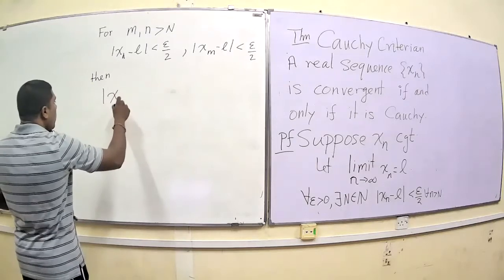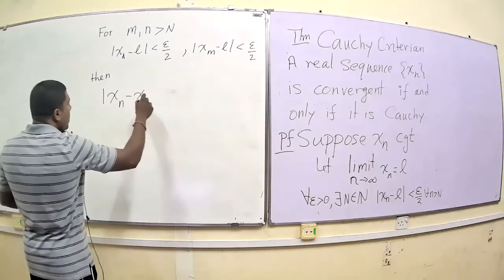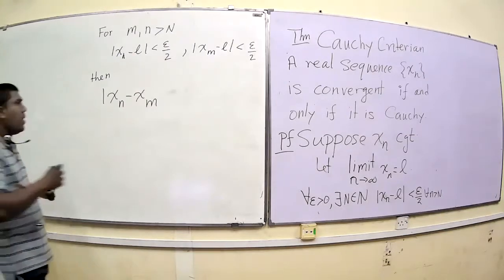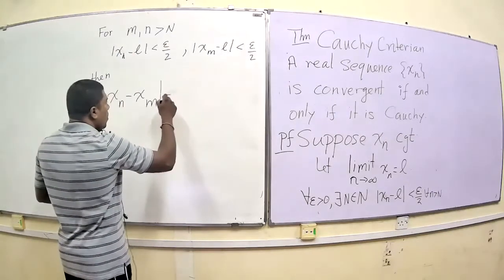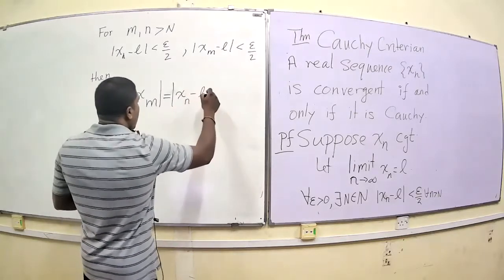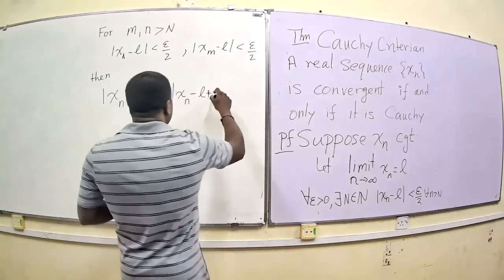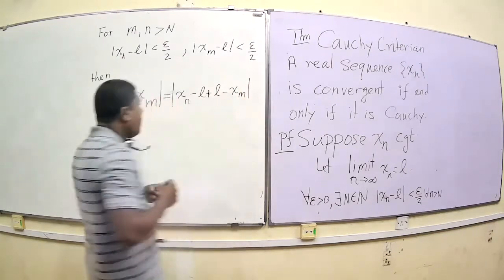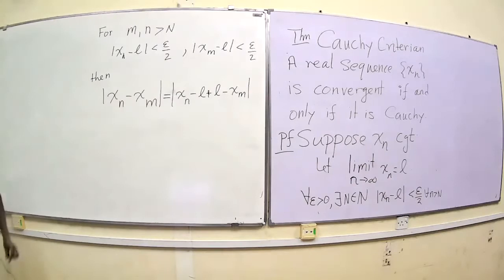You want to show |xn minus xm| is less than epsilon. So this is what you want to show. You can rewrite this as xn minus L plus L minus xm.